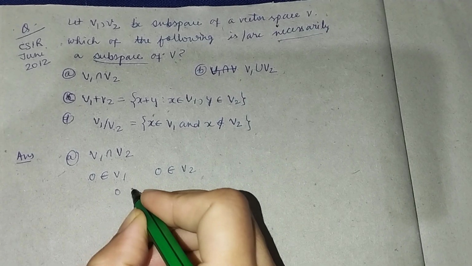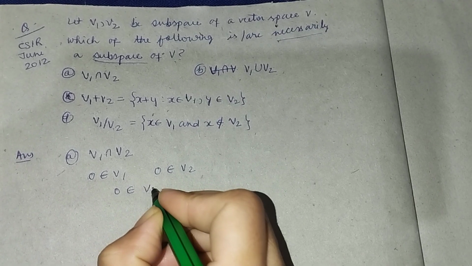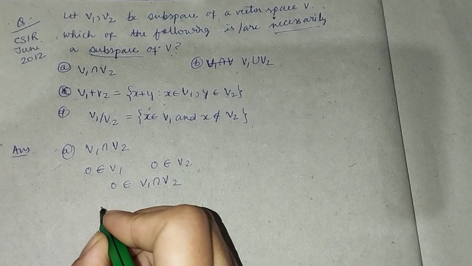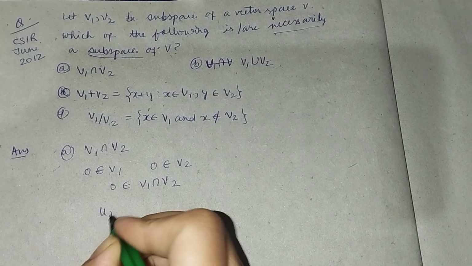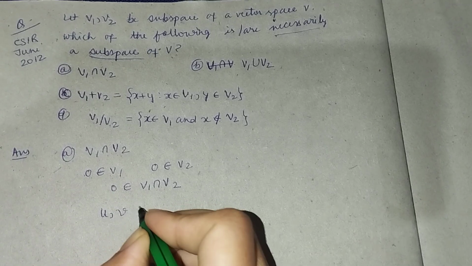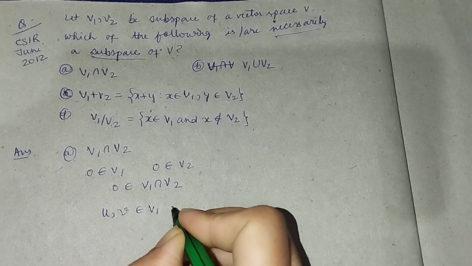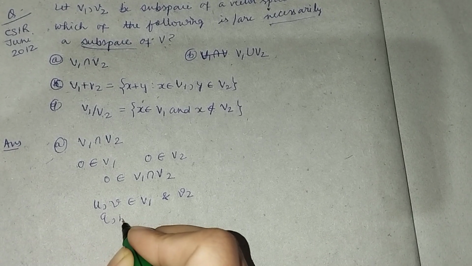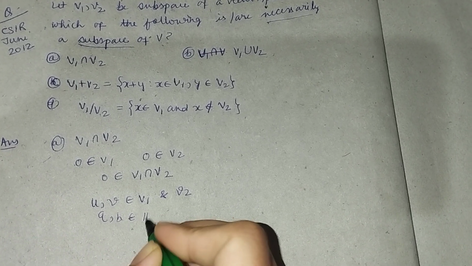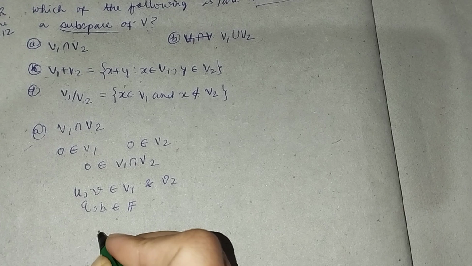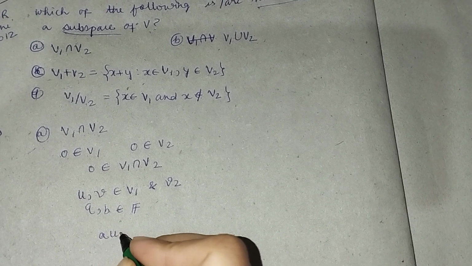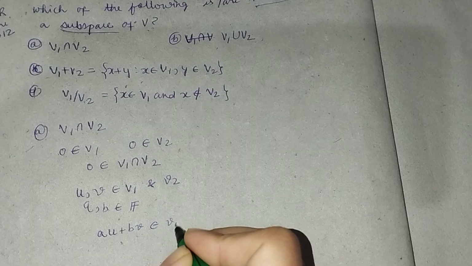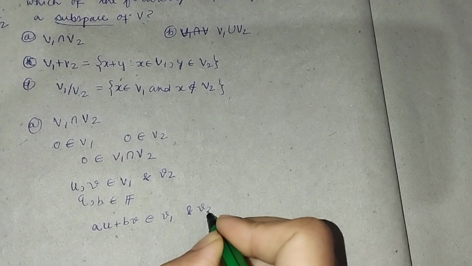It means that 0 belongs to V1 intersection V2. If u and v belong to V1 and V2 and a, b belong to some field, then the linear combination of these vectors will belong to V1 and V2.